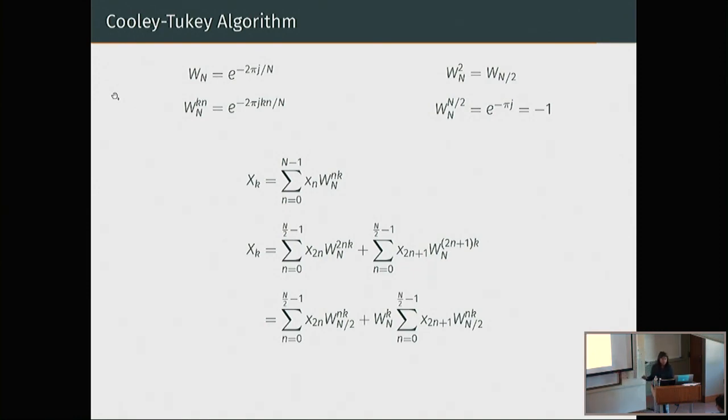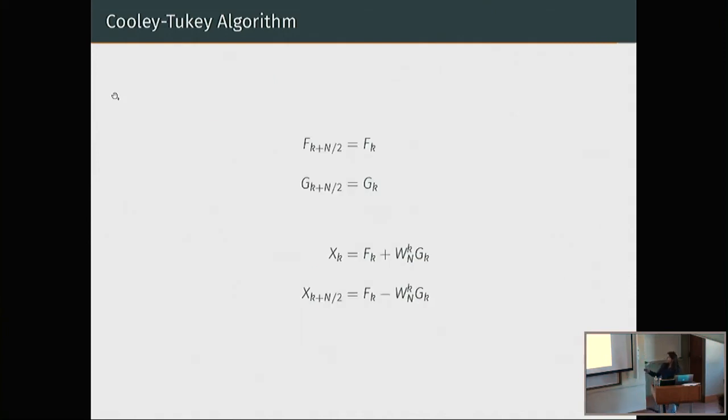Now the brilliance in the FFT algorithm is seeing that these two can be computed in an easier way. So if I call this entire even part of the summation f and the odd part g, you can see that f and g are both n by 2 periodic in themselves. Since they're both discrete Fourier transforms, they're both periodic, and they're periodic with the periodicity that is half that of the original signal.